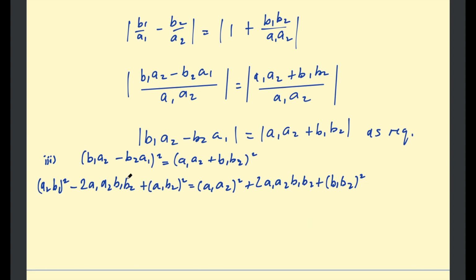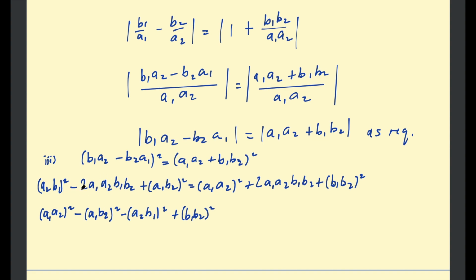Next, if we add all of those terms to the right hand side, we're going to have A1 A2 all squared take A1 B2 squared take A2 B1 all squared plus B1 B2 all squared, and then we have this 2 A1 A2 B1 B2 plus the same thing.